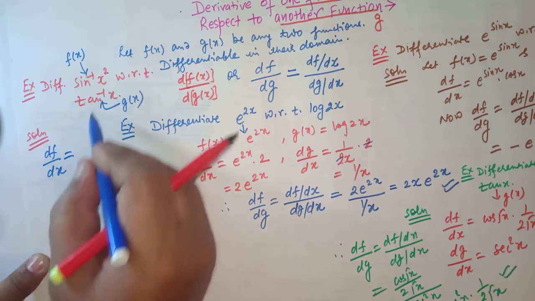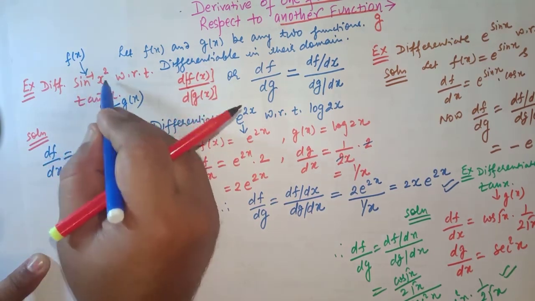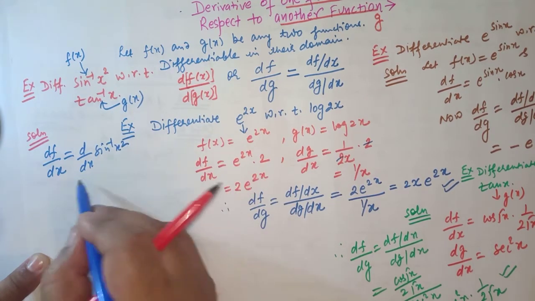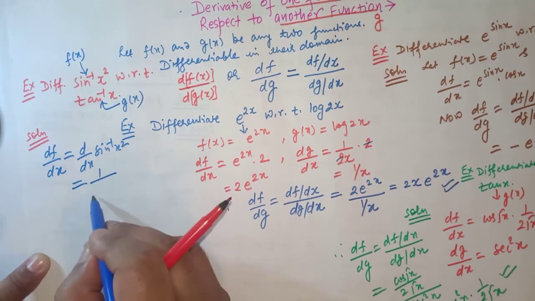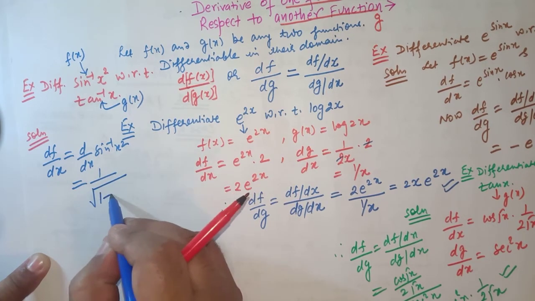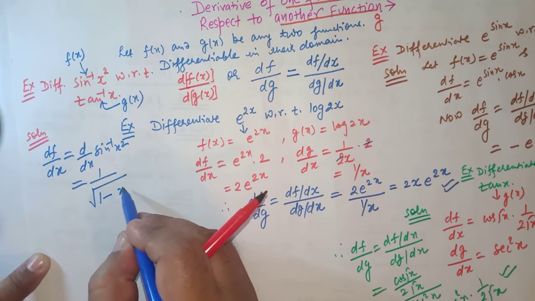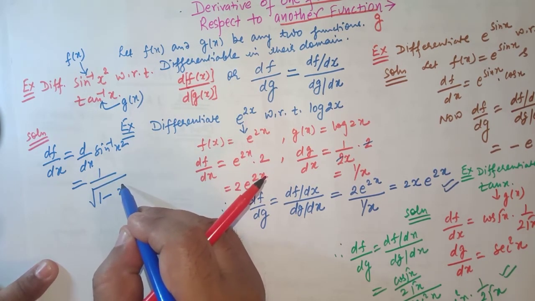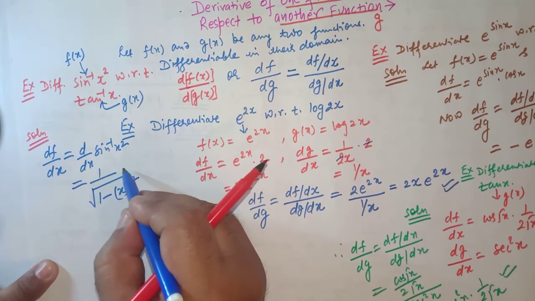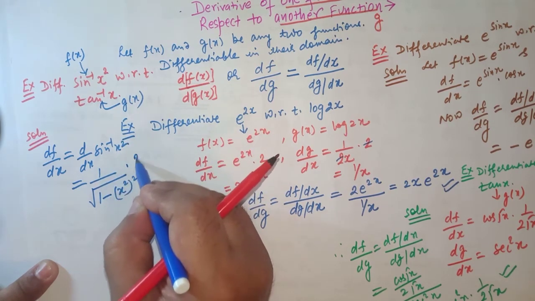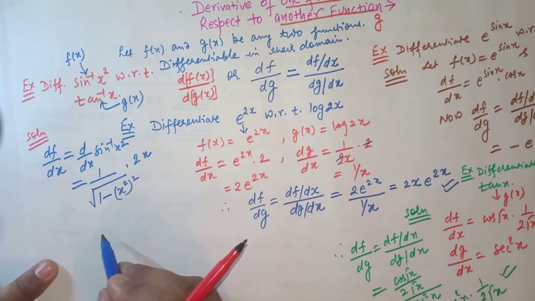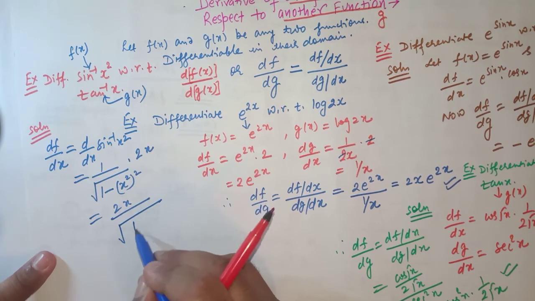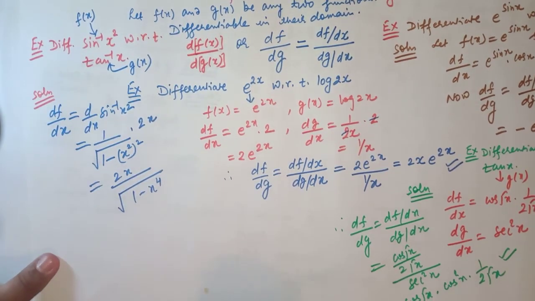The derivative of sine inverse of x square is 1 over square root of 1 minus x square, where we substitute x square for x, and then by chain rule we have the derivative of x square as 2x. So this is 2x over square root of 1 minus x raised to power 4.